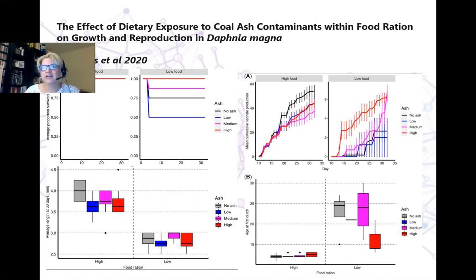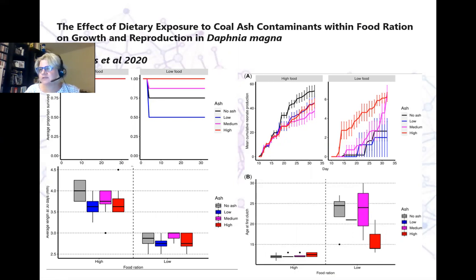But coal ash is a mixture of mercury, selenium, arsenic, all sorts of other chemicals, so there are things that are competing. We also saw that neonate production, the average length, and the age at first clutch were a little different with high food and low food.